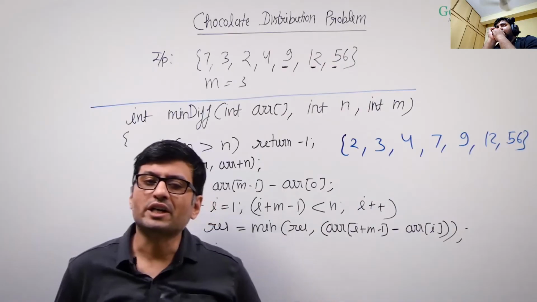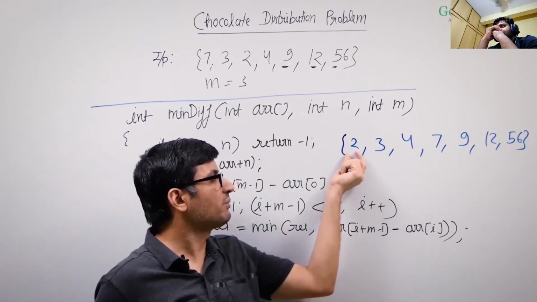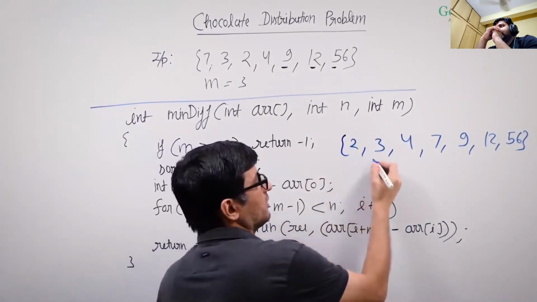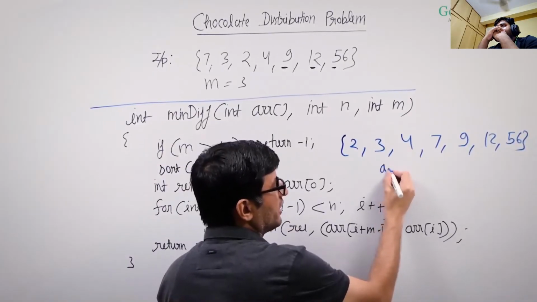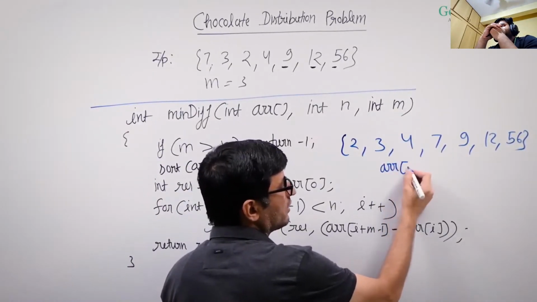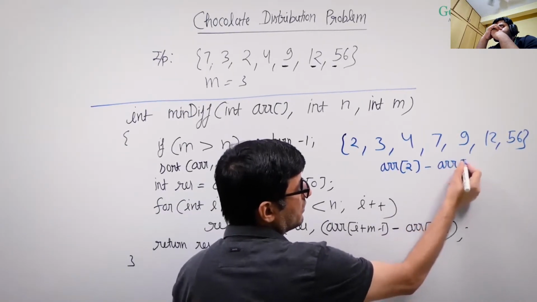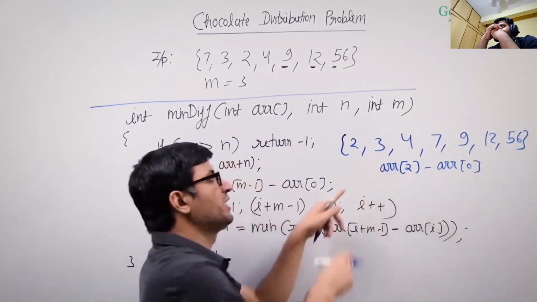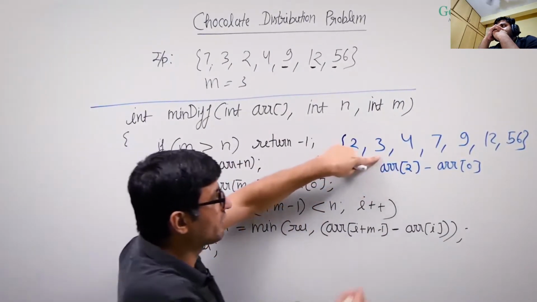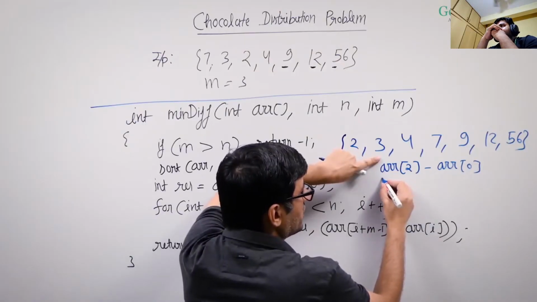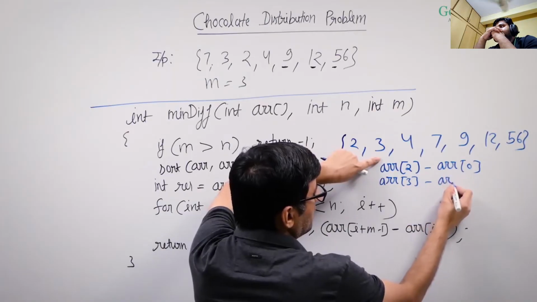Now if I want to find the set with 2 being the minimum element, I can find it by subtracting 2 from this, which is array of 2 minus array of 0. If I want to find the set of m elements where this element is minimum, I can find it. The difference for this set is array 3 minus array 1.